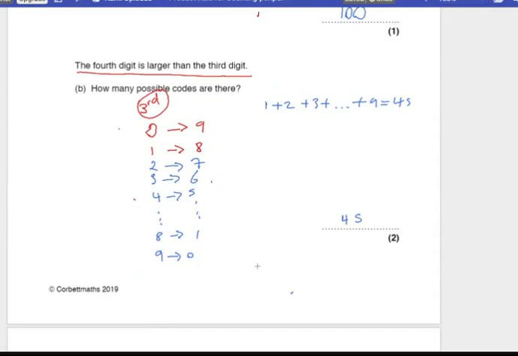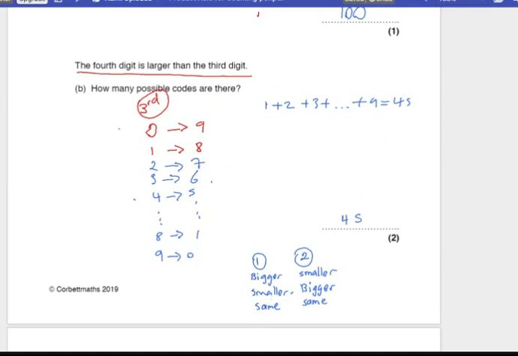Either the first digit is bigger and the second digit is smaller, or the first digit is smaller and the second digit is bigger, or they're the same digit. Bigger, smaller; smaller, bigger; same, same. They're all the possible combinations for the 2-digit numbers that you can have.